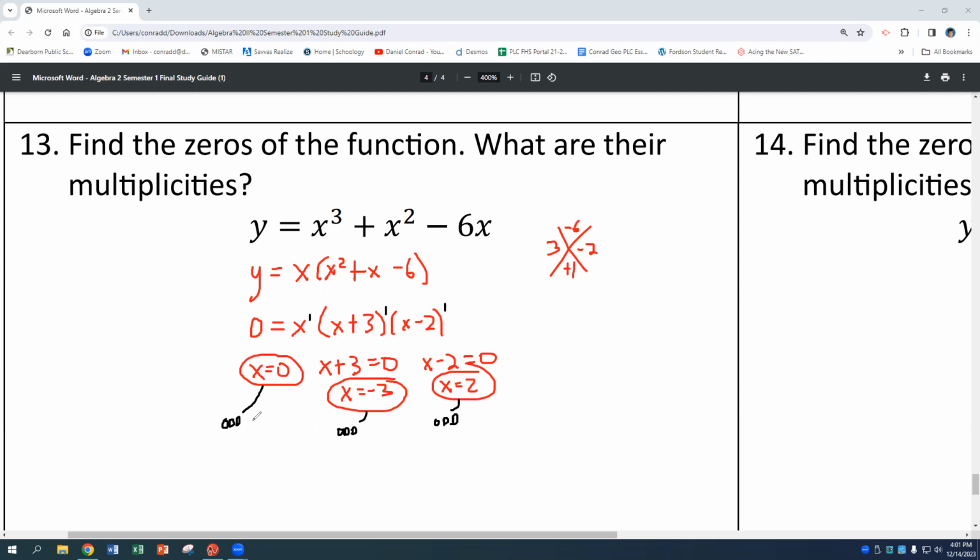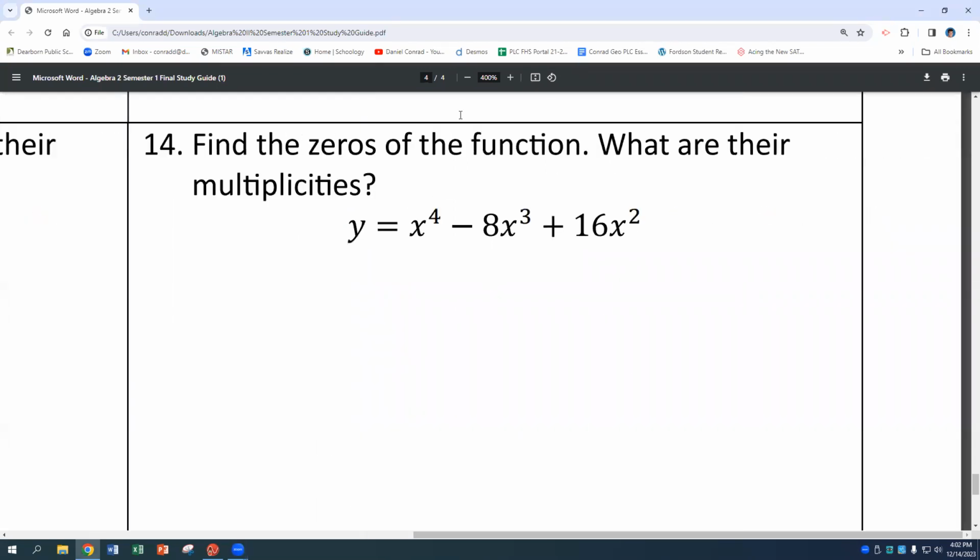Because we have a multiplicity of 1. Let's just write it out. Okay, we're going to say they all have a multiplicity of 1. All the zeros have a multiplicity of 1. Okay, the multiplicity is how many times the 0 occurs. Each of them occurs 1 time.